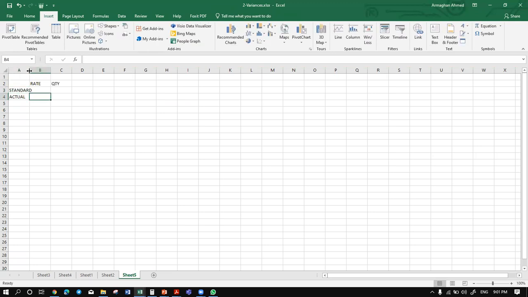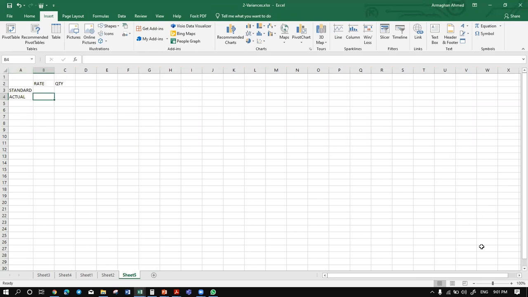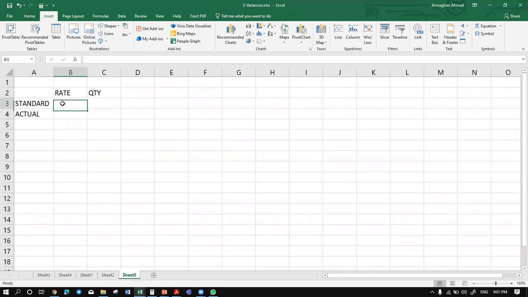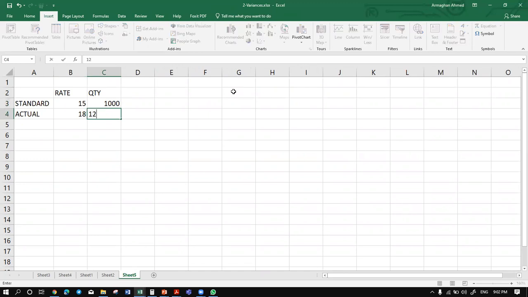You have to find out the variance basically. Let's say standard rate is 15, actual rate is 18. Standard quantity is 1000, actual quantity is 1200, right? So what is the formula?